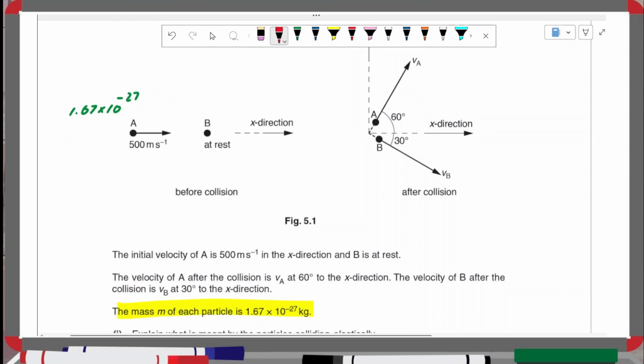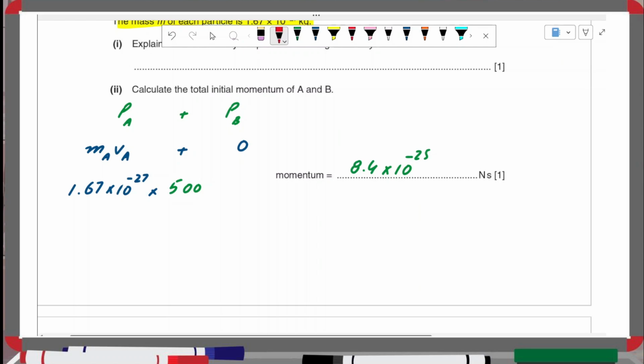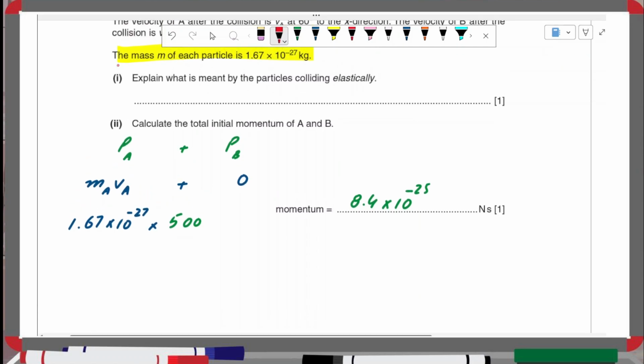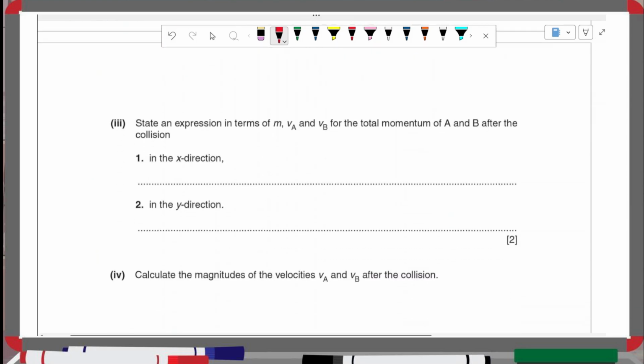Now let's move on to the next part. Explain what is meant by particles colliding elastically. There is no loss in kinetic energy of the particles.